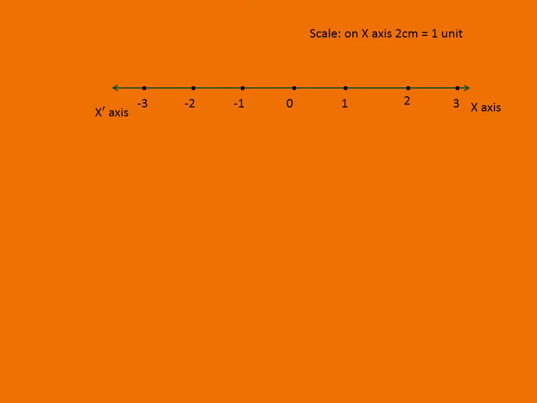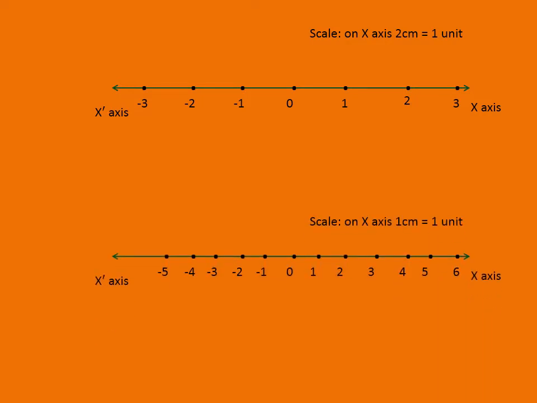Since we have named the line the x-axis, the points have their x coordinates as 1, 2, 3, -1, -2, -3. The same goes for the 1 centimeter gap.